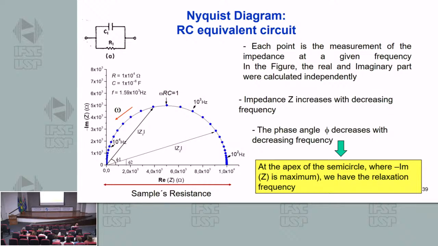So what most of our common software does, by least square fitting methods, is first estimate the resistance, then find the frequency at the apex. It's not only by eye, there is a method to know this, and then they calculate the capacitance. This is what most software does.